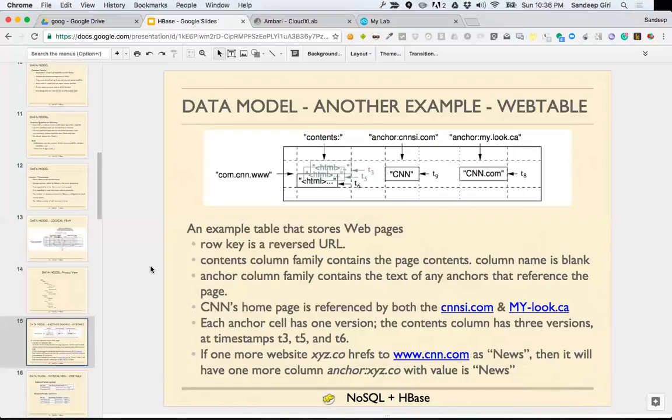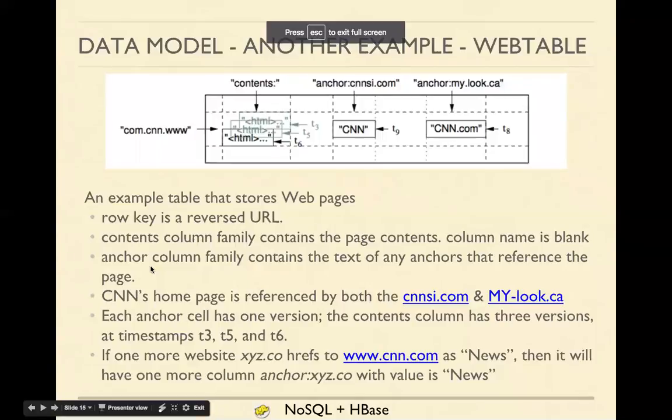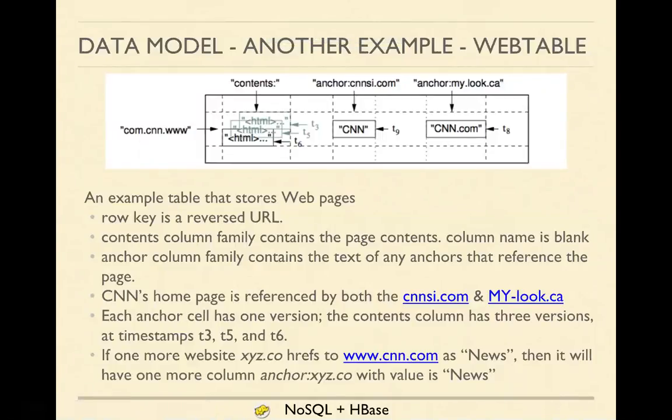Now let's take a very good example. This is the example for which Bigtable at Google was made. As I've told you, HBase is modeled after Google's Bigtable. And this example is the reason why Google's Bigtable existed in the first place. Okay. So a quick overview. How does Google work?